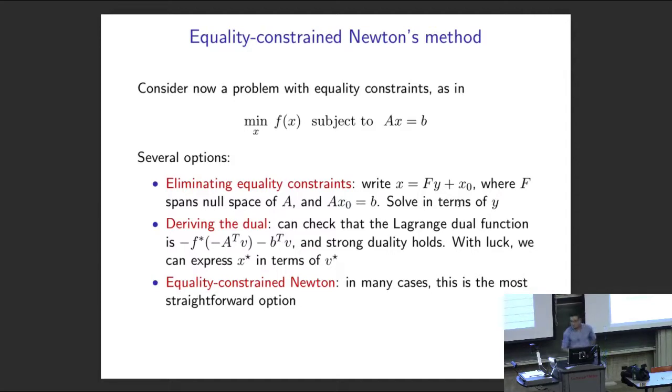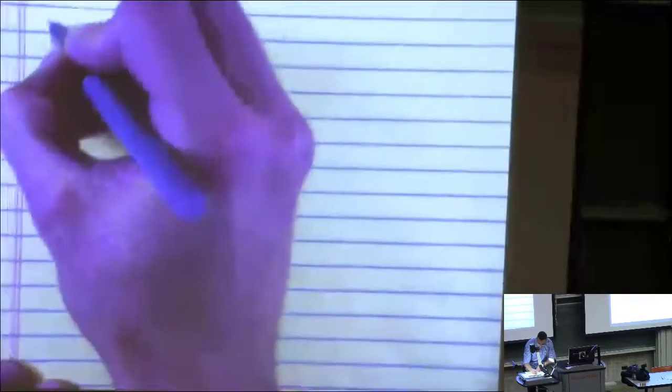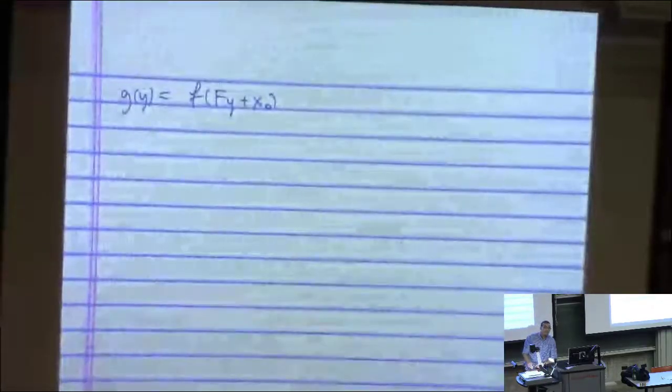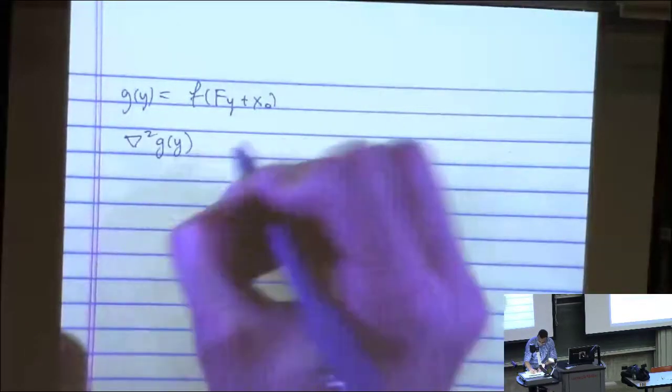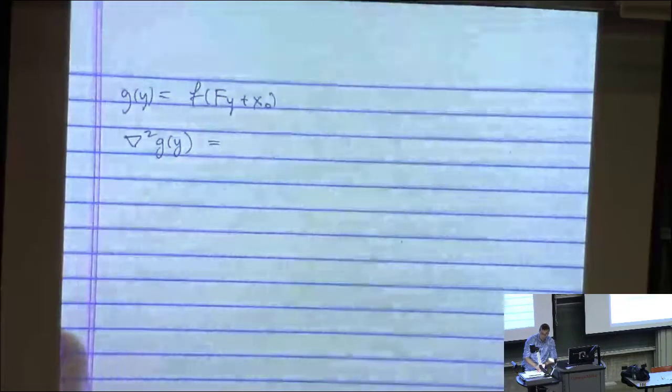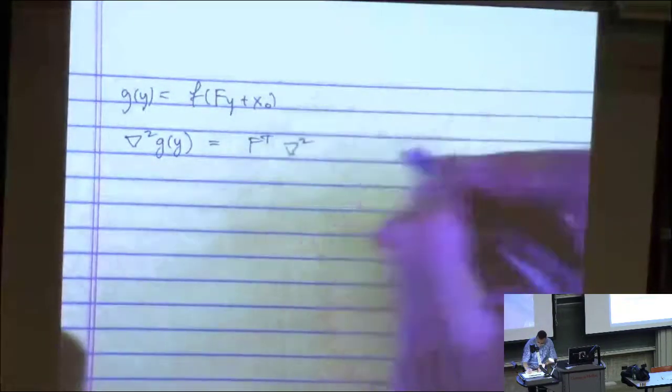Well, what would the Hessian be? If my function was f of Fy plus x0, and that was g of y, what would the Hessian be now? It's just the chain rule, and I'm going to assume everyone's shy because it's a Monday or something.